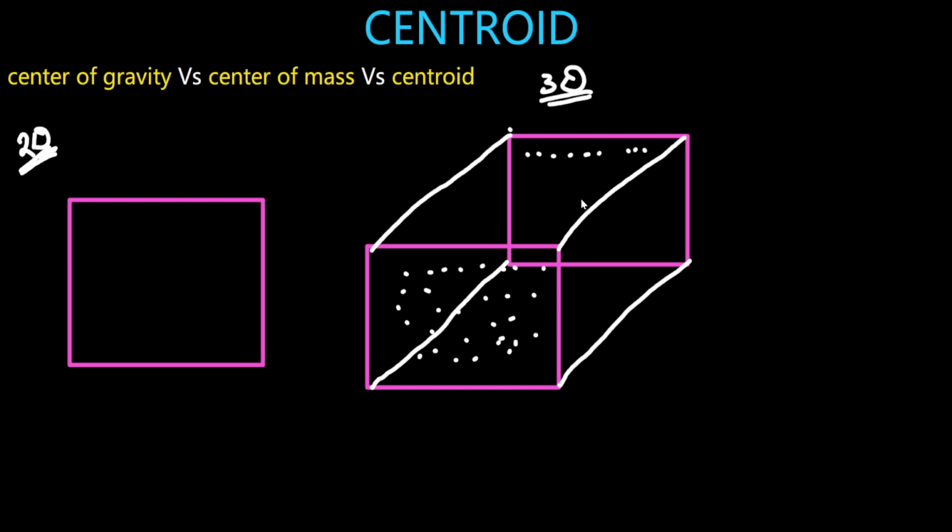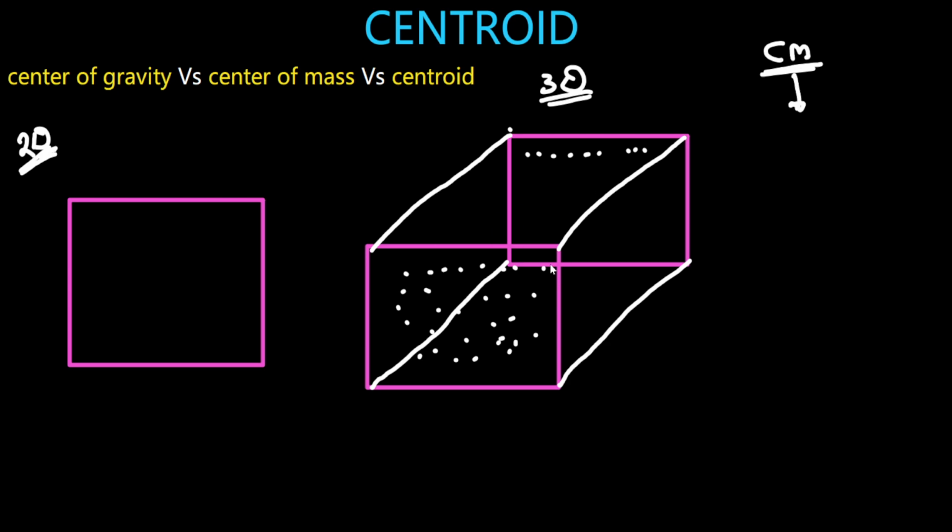So what center of mass is saying: there are a number of masses present in this object, because the object consists of n number of small tiny particles. In that case, the mass center we are considering, it is not the actual case.